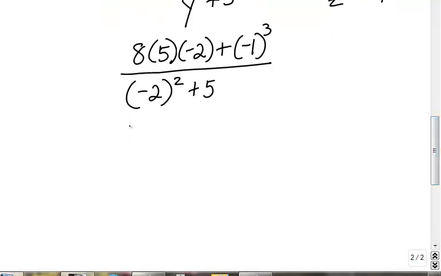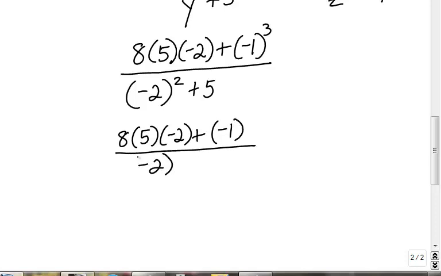Okay, do the exponents first, so 8 times 5 times a negative 2 plus negative 1 cubed, negative 1 times negative 1 times negative 1 would be a negative 1. Okay, and then multiply. 8 times 5 would be 40, times a negative 2 would be a negative 80, plus a negative 1.